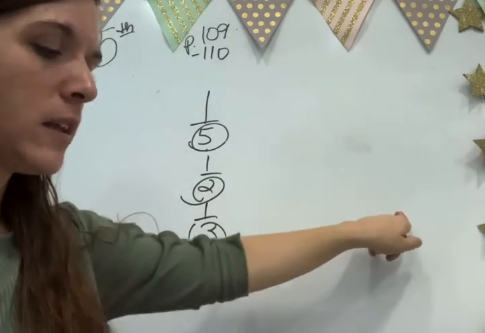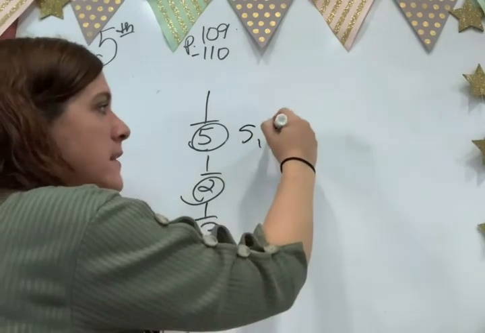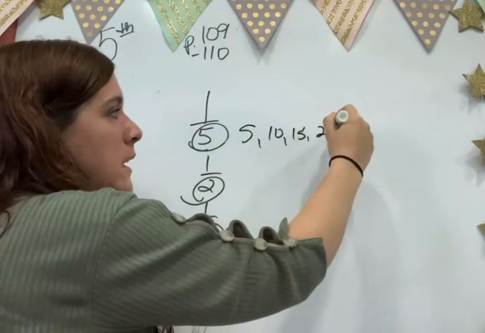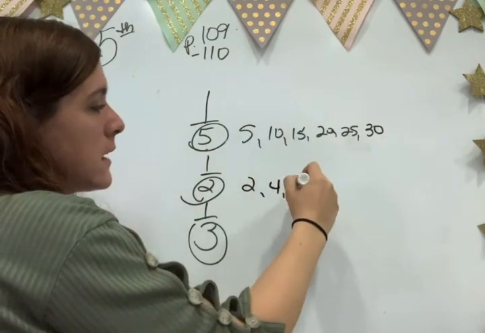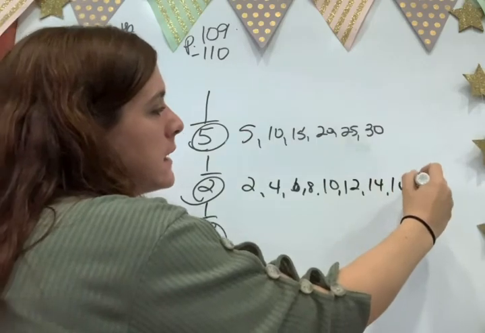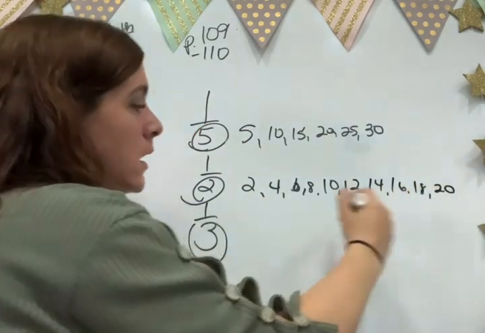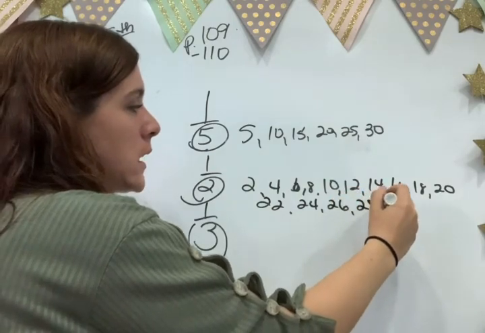I can't find one. I'm gonna have to write them. 5, 10, 15, 20, 25, 30, 2, 4, 6, 8, 10, 12, 14, 16, 18, 20, 22, 24, 26, 28, 30.